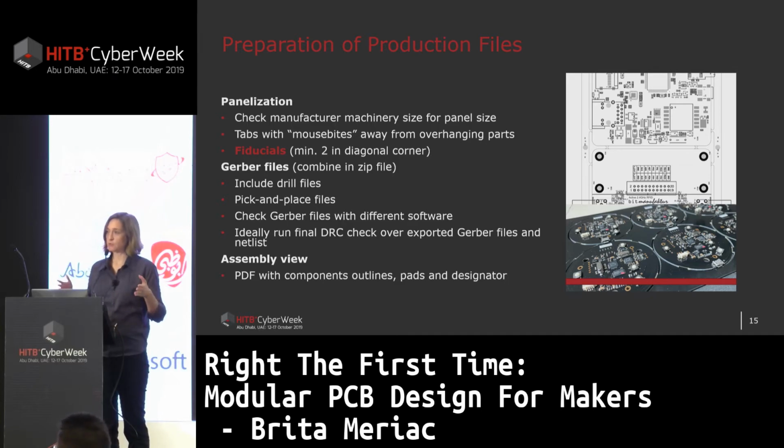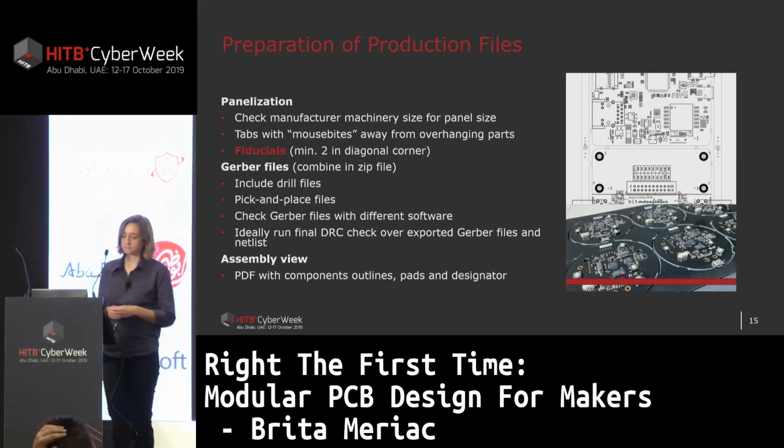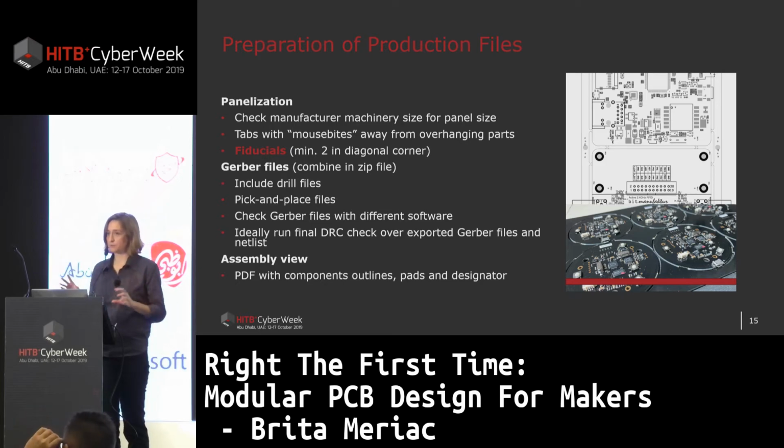You have to know the size of the panels, not only the maximum size, you have to know the exact size because they insert it into rails, it has to fit them. And once you have the size, you can leave the tabs for the manufacturer to place, but if you have any parts overlapping the edge of the board, make sure you place the tabs somewhere else, so it's not under your part. This will cause problems.